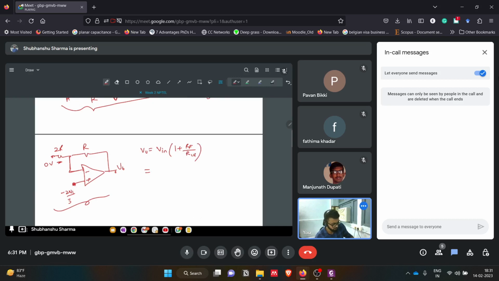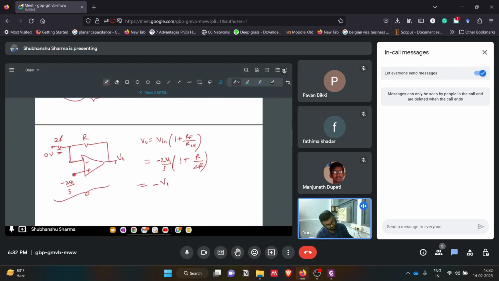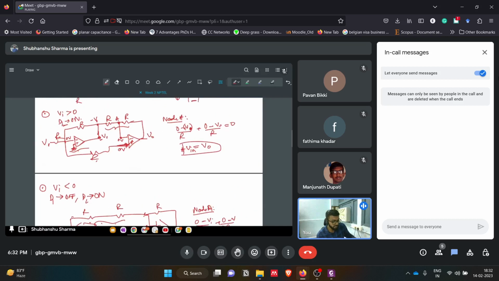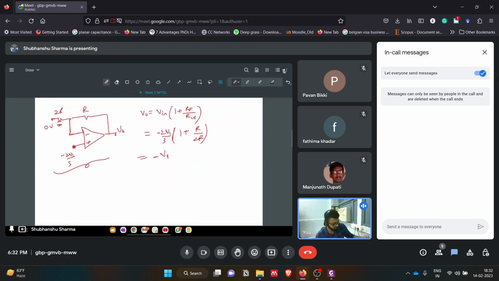V in is minus 2 V1 by 3, and 1 plus feedback resistor R over 2R, so we will get minus V1. So in the negative cycle of the input voltage, we got the negative of the input, so ultimately it will be a positive voltage. If I summarize here, this was V input.